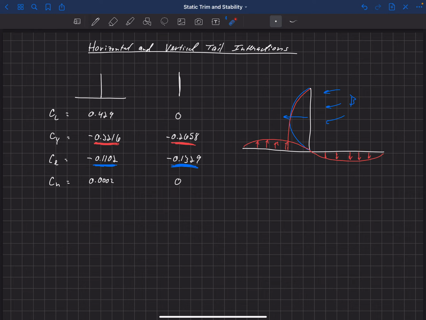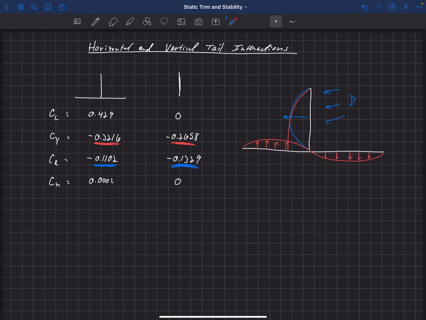But one thing, the approach that Phillips takes in his book, is that he estimates the change in side force. He estimates this change here by basically saying that adding a horizontal tail is like increasing the aspect ratio of the vertical tail, right?